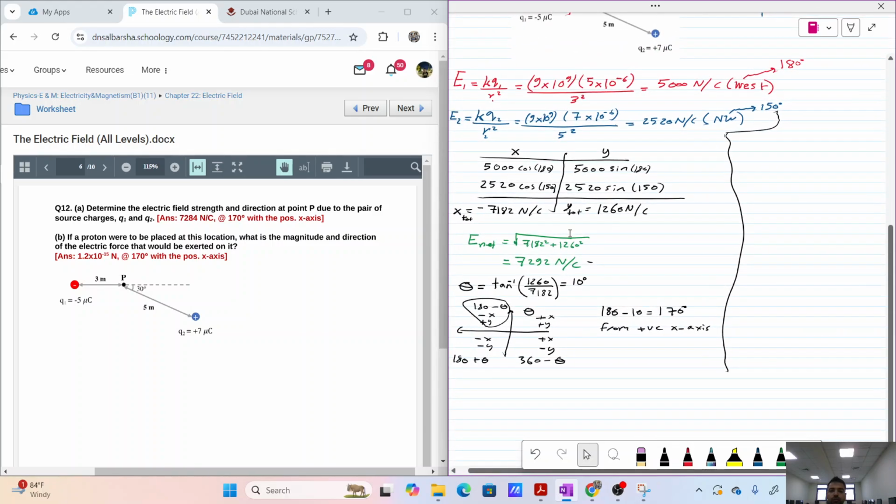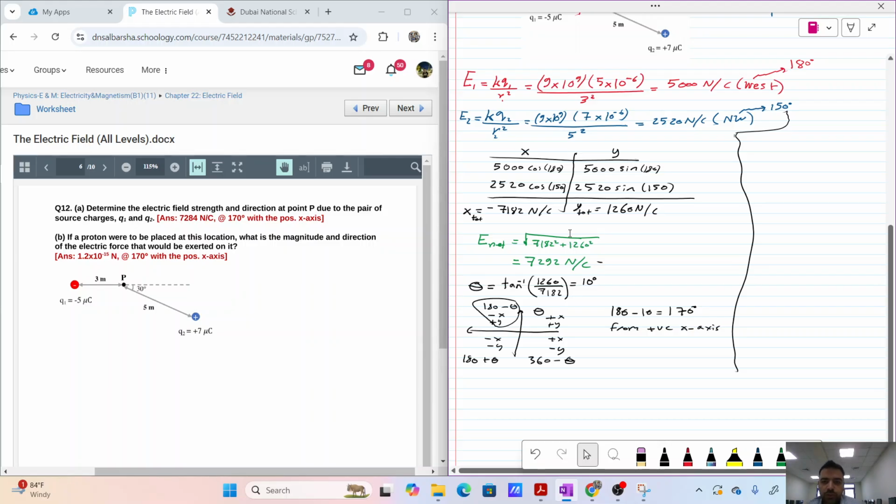Now, electric field and force are related by the following equation. So for part B, force is equal to magnitude of charge multiplied by electric field value. They said it's a proton. So what is the charge of a proton? The charge of a proton is 1.6 times 10 to the power minus 19.